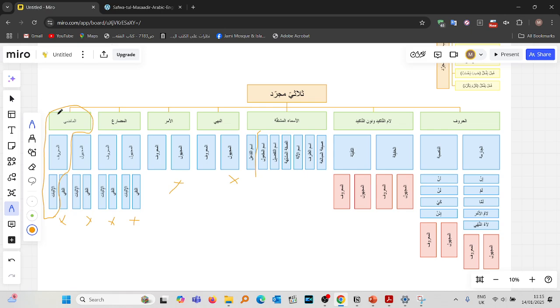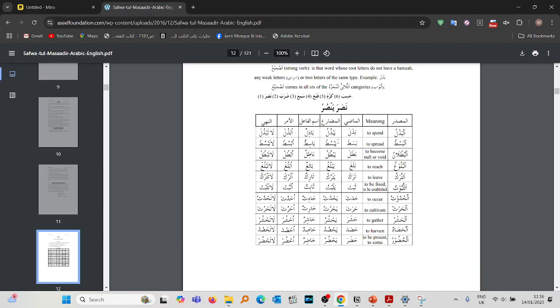So we're going to go over the Maldi Ma'ruf Isbat, the Mudari Ma'ruf Isbat, Amr Ma'ruf, Nahi Ma'ruf, Ismul Fa'il. Okay? Then eventually, in a few weeks, I'll start making you memorize this. For the first few weeks, I'll just get you to memorize one verb, so one of these.